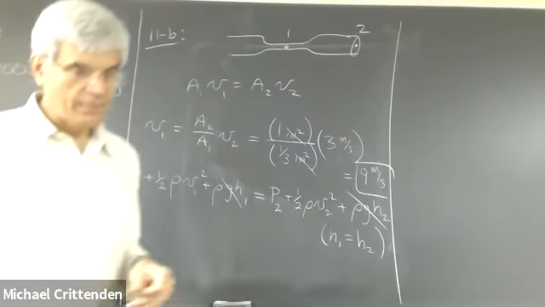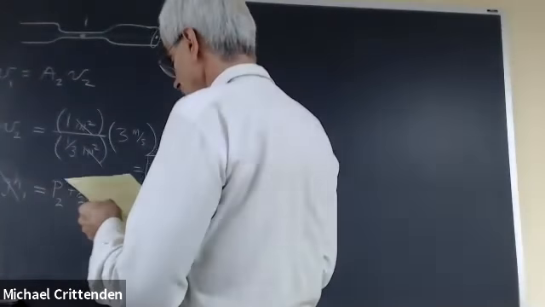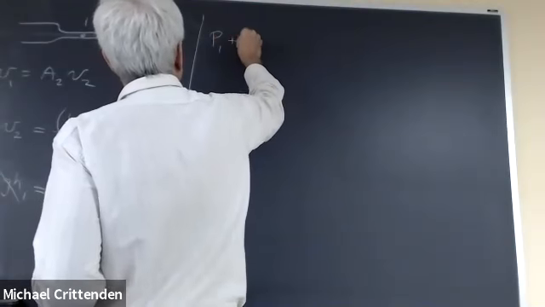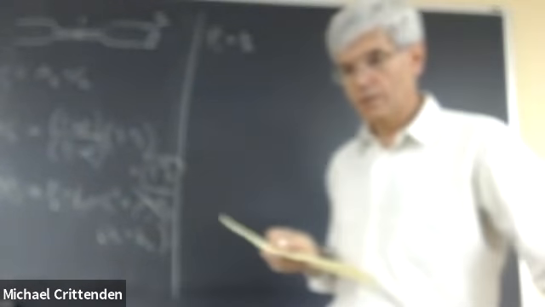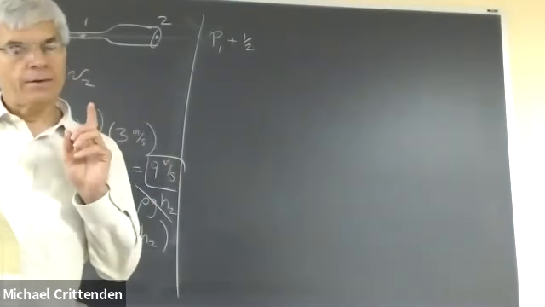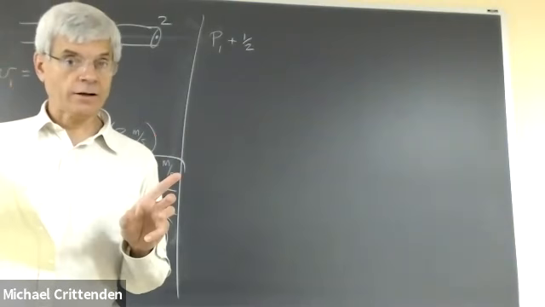Filling numbers into the rest of it, we've got P1, plus 1/2 rho for density, and the fluid that this particular question is about is water.